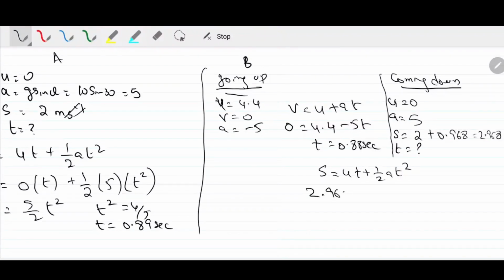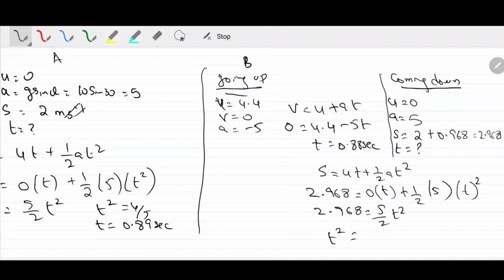S is 2.968, U is 0, T is something that I need to find, plus half a, where a is 5. So 2.968 is 5 upon 2 t squared. T squared is 2.968 into 2 divided by 5, which is 1.1872. So T is equal to the square root of that answer.